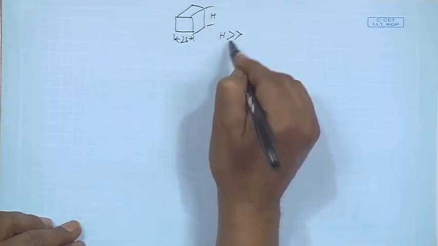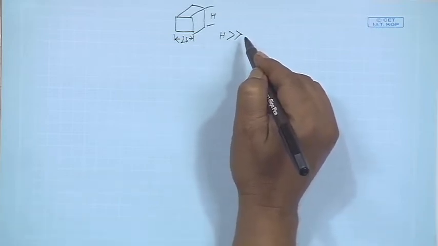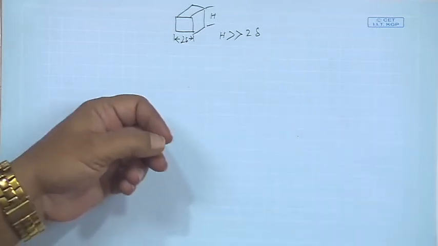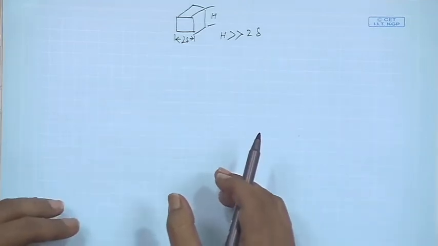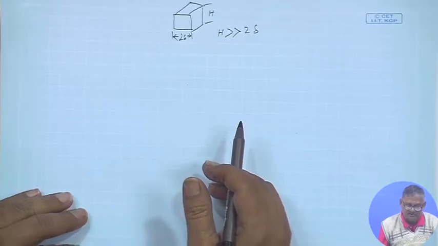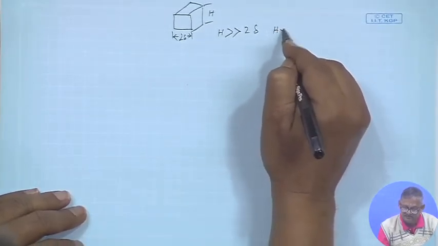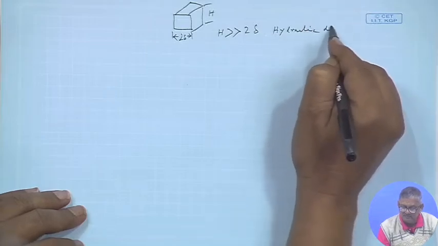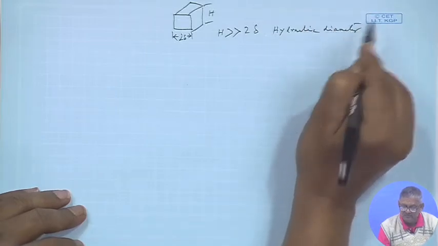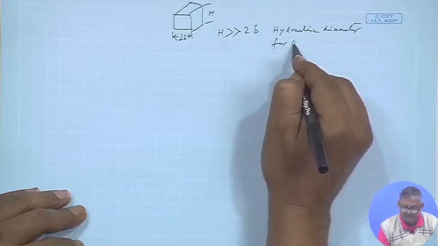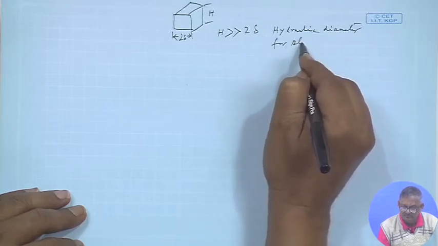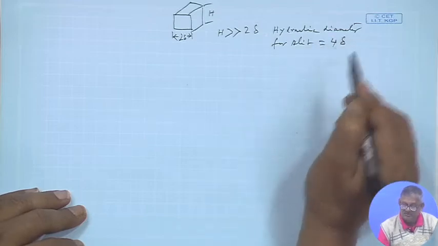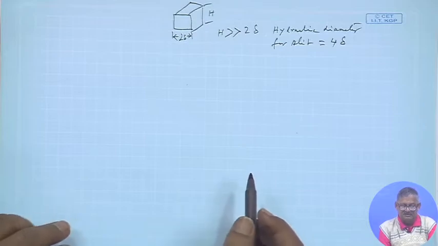H is much greater than 2 delta, right. So in that case we can say that the hydraulic diameter for the slit becomes equal to 4 del, right.